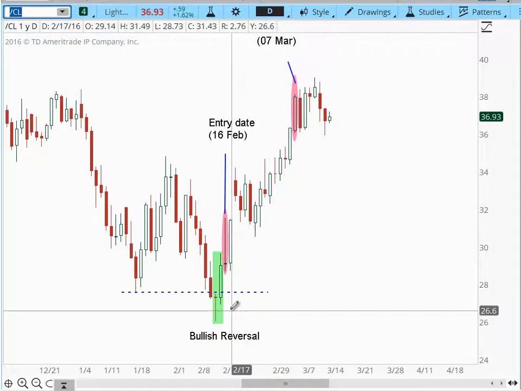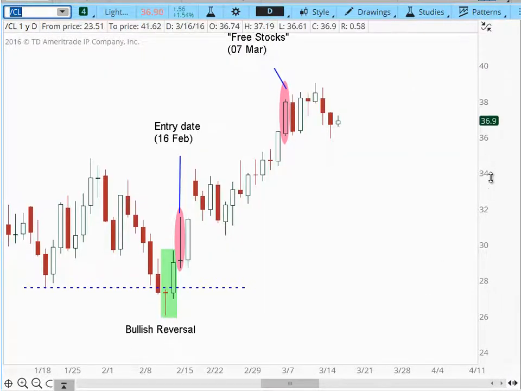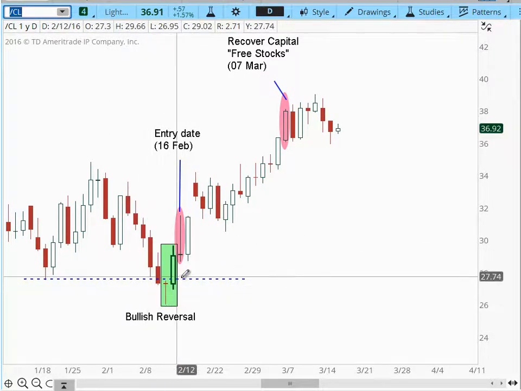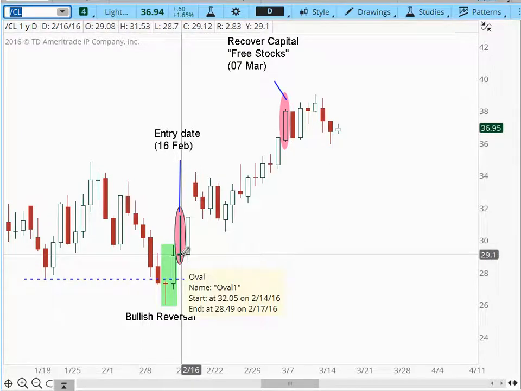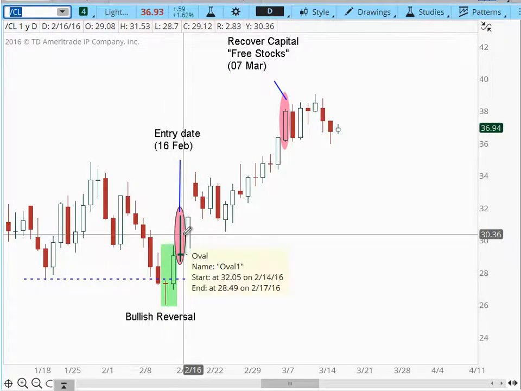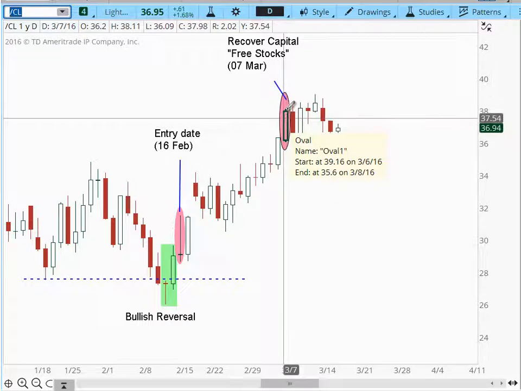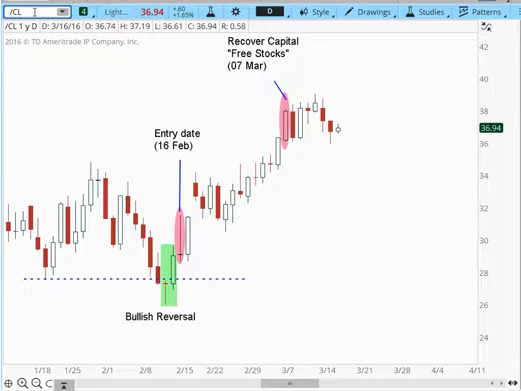So as you can see over here, this is the crude oil chart, and as you can see there's a bullish reversal candle that's being seen, and on the 16th itself, which is this red oval shape, I make my entry into the top 10 oil stocks, and I have regained my capital on the 7th of March, which is right over here. Okay, let's take a look at the individual stocks now.